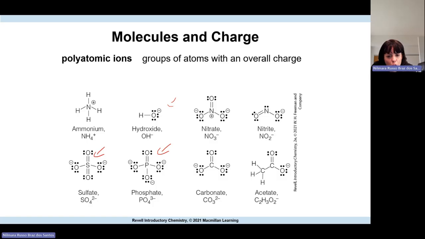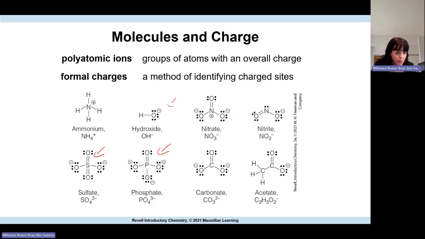Okay, formal charges are not a perfect indicator of the charge on an atom, but they are good for keeping track of the overall charge of a molecule or ion. So these charges that we're looking at are called formal charge. In this lesson, we will learn how to calculate the formal charge, a method to identify charged sites.